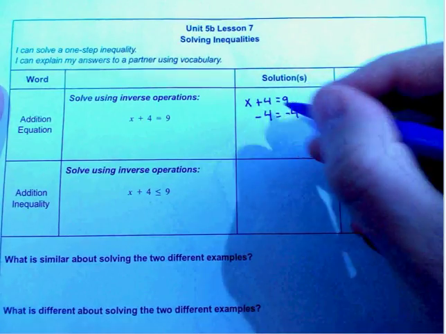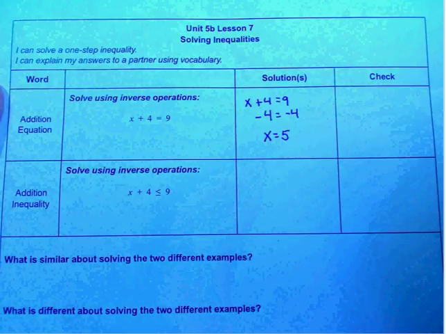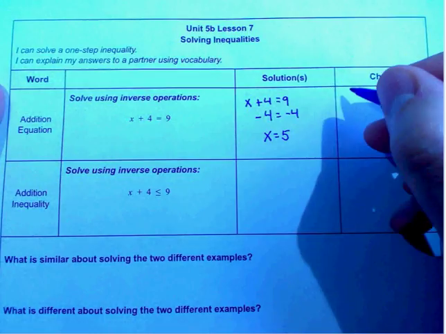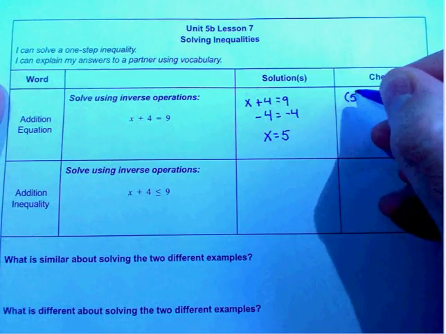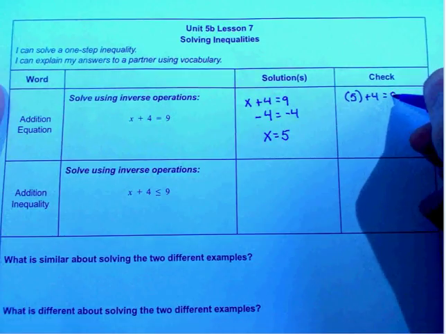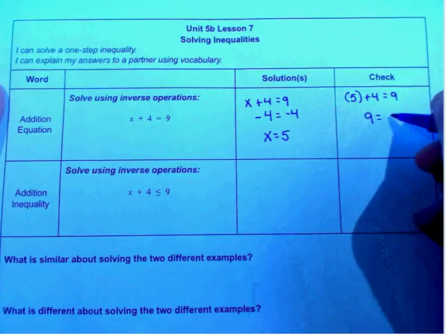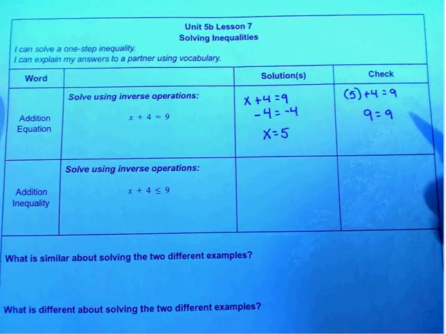I'm going to subtract 4 from each side, and my solution is x equals 5. I then use substitution to check my work. 5 plus 4 equals 9. 9 equals 9. I am balanced.